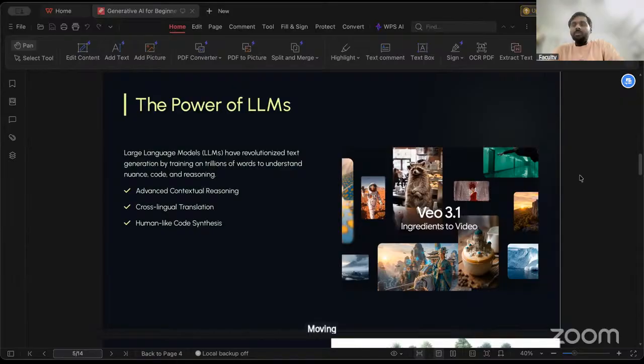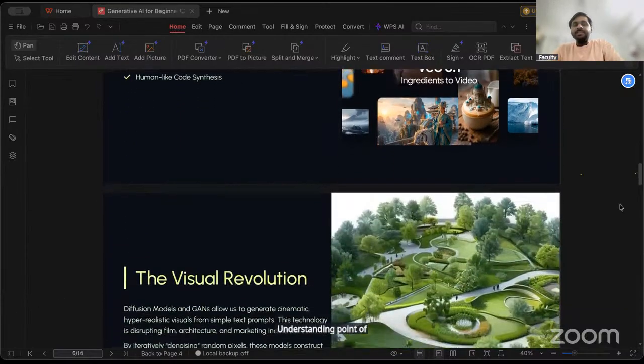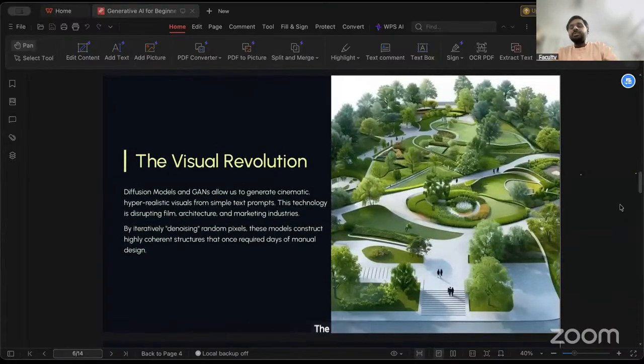Moving ahead, talking about your next point, which is very important from your understanding point of view, that is the visual revolution. You can see this particular image. Earlier, whatever things we were imagining, the imagination was with us and we used to have abstract stuff.